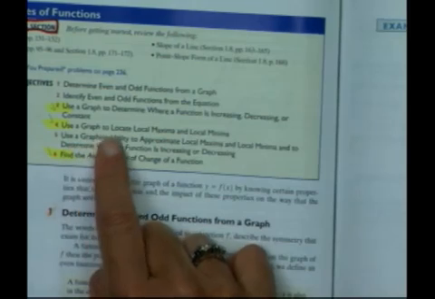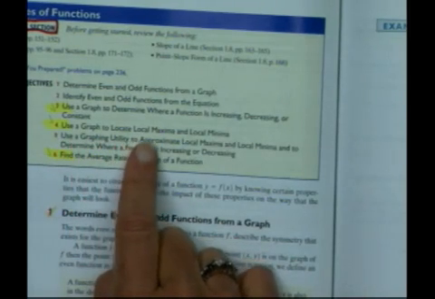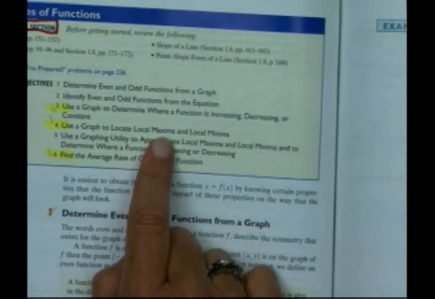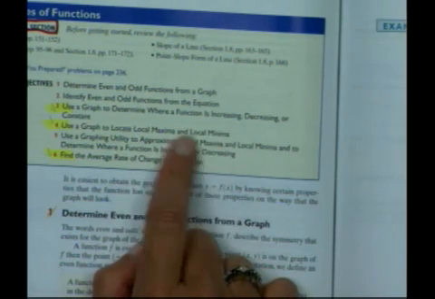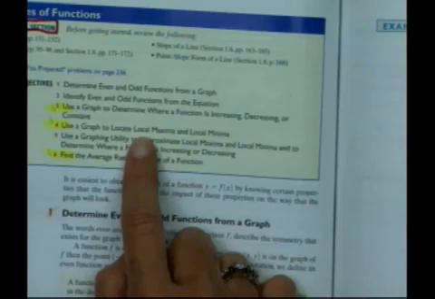And then, very, very useful for calculus also, is looking at a graph and locating what this book calls local maxima and local minima. In calculus, you will be using derivatives to identify local max and local min. Now, you're going to hear me say relative.